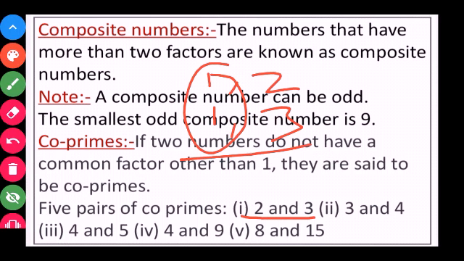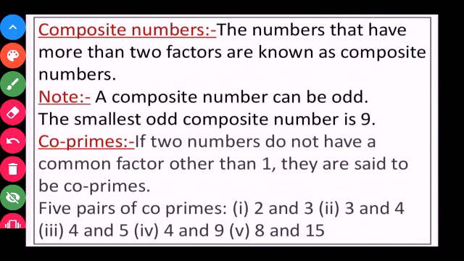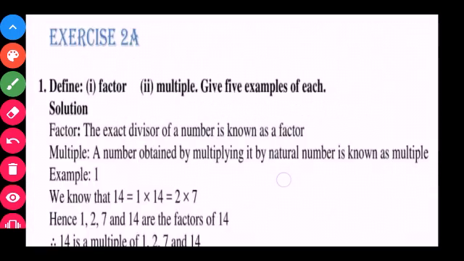That's why 2 and 3 are coprimes. 3 and 4: 3 has 1 and 3, and 4 has 1, 2 and 4, so 1 is the only common factor. That's why 3 and 4 are coprime. So two numbers are said to be coprime if they have only one common factor, which is 1. Understand?